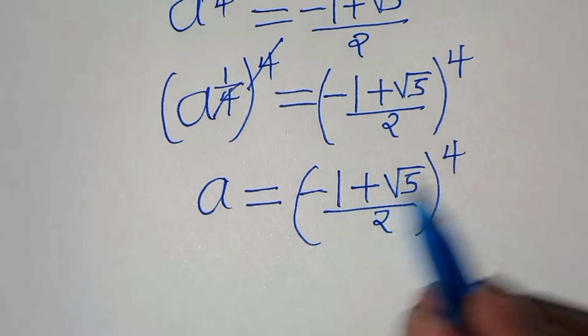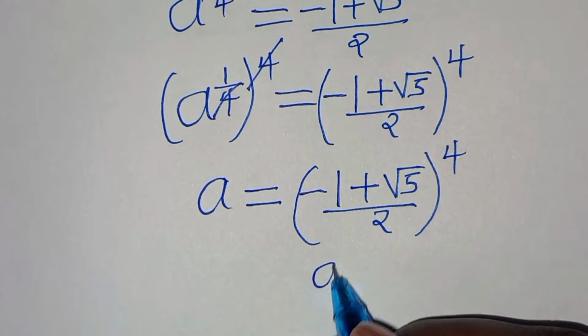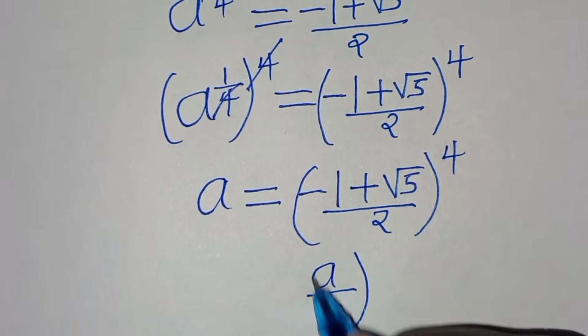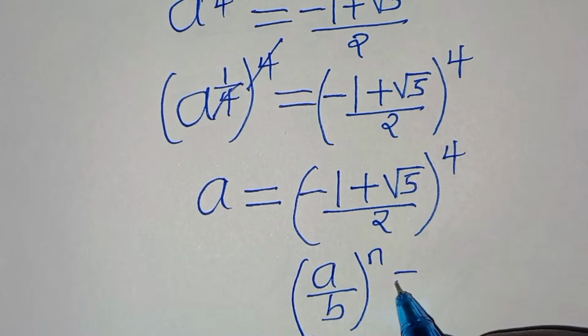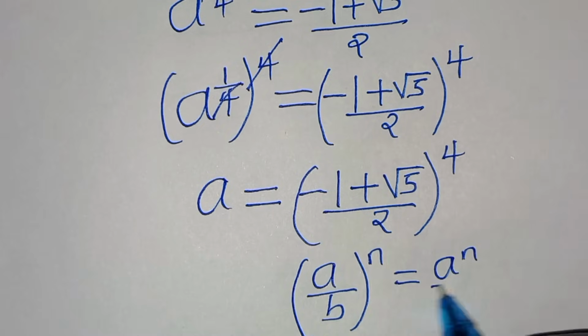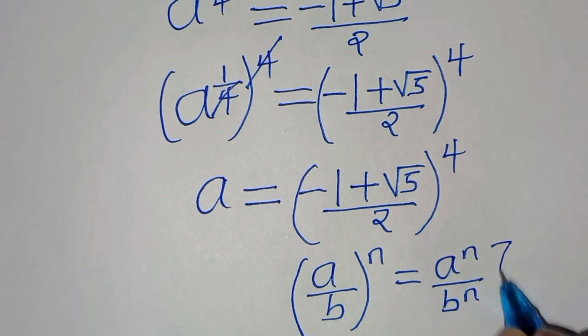Now, remember this is in the form of a over b raised to the power of n, which we can express as a to the power of n divided by b to the power of n.